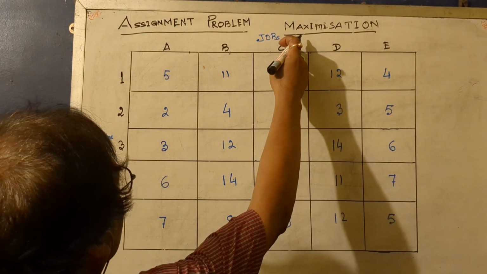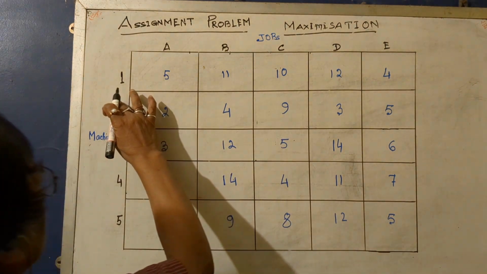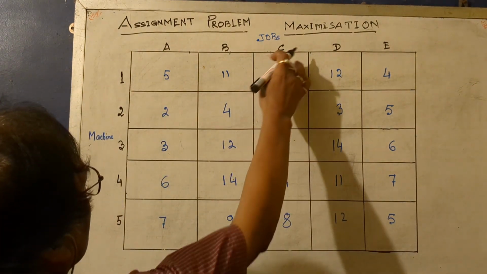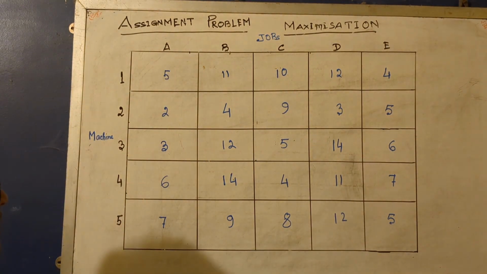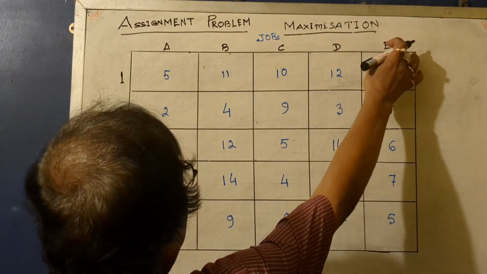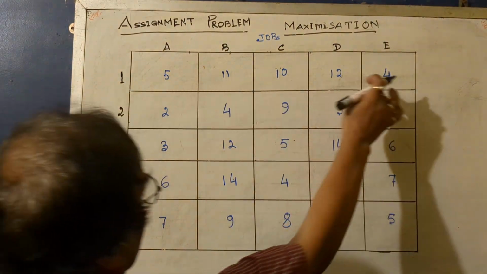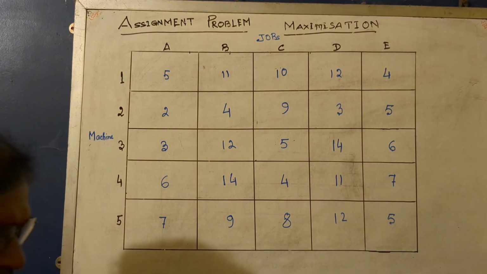The same job can be done by all these machines, and the profit for different machines are noted here. If this job is done by this machine, the profit will be rupees 10. If this job is done by this machine, the profit will be 4. In this way, the profit figure is given in the matrix.